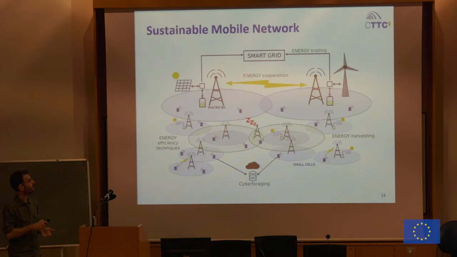And the other idea is also to interact with the big smart grid, and maybe in this game some money flow is also playing a good role, because probably when you buy energy you have to pay something, but when you are selling energy you can make some profit on the energy that you are selling.